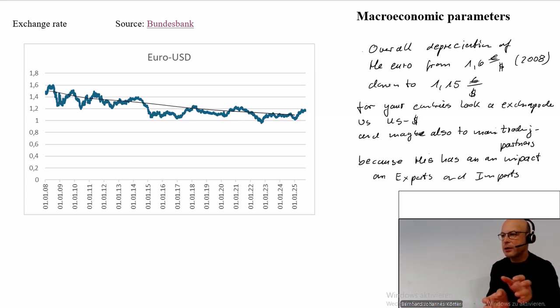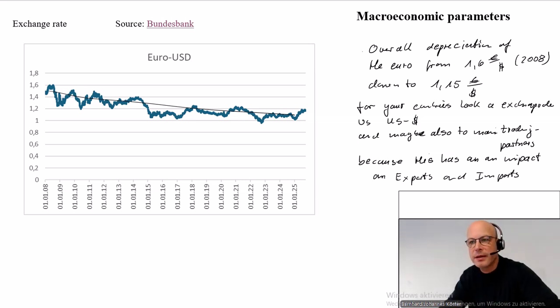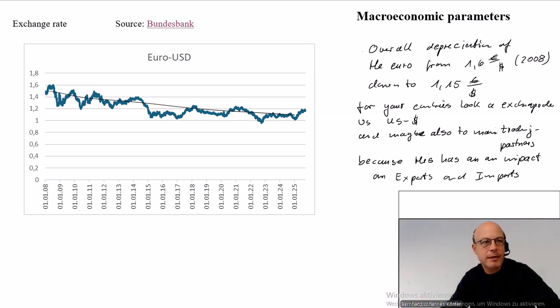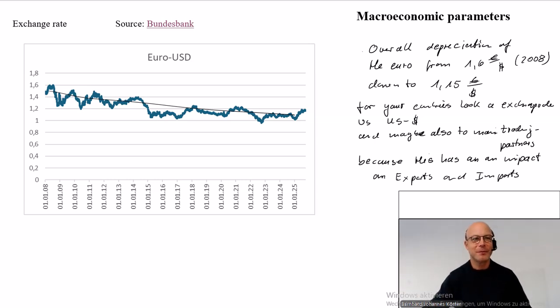And there maybe you also see some dependence. If you have a depreciation or an appreciation relative to the largest trading partners, then vice versa exports and imports are also decreasing or increasing. Or not. Maybe then you find some other reason why you don't have an adjustment.